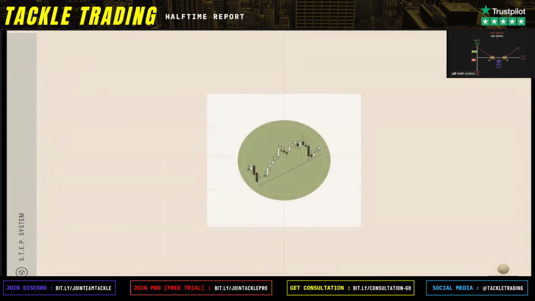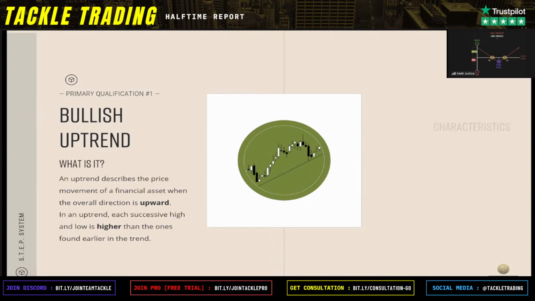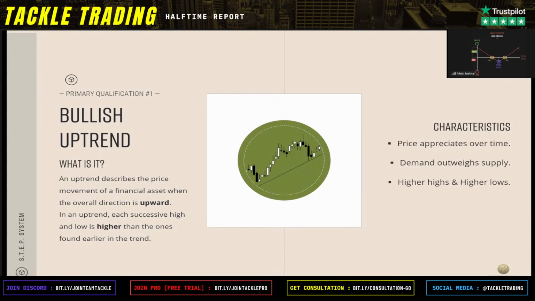So let's go through primary qualification number 1. You cannot have a bullish pullback, a bullish retracement, whether it's shallow in the flag or deeper in the retracement, unless you have a standard bullish uptrend first. And an uptrend is defined by a series of higher highs, higher lows, where price appreciates over time, demand constantly outweighs supply.